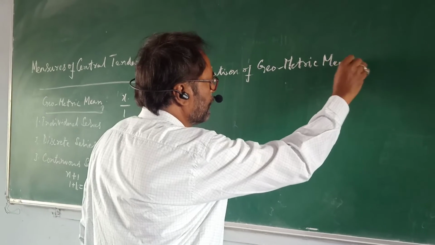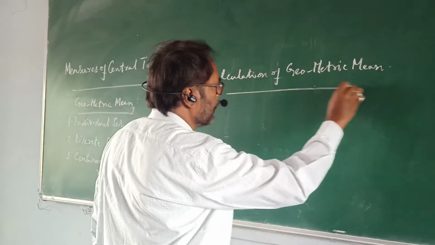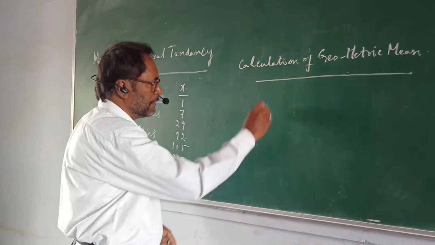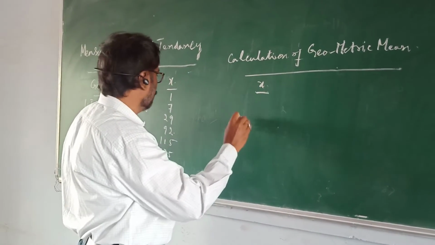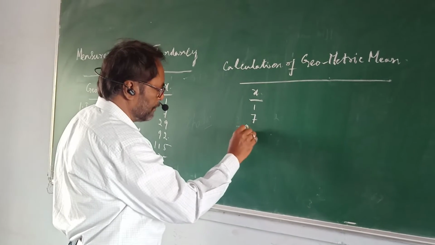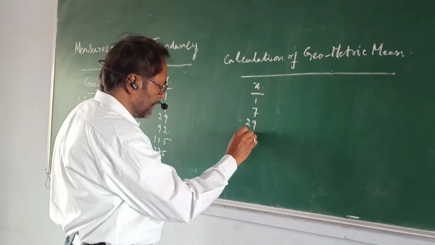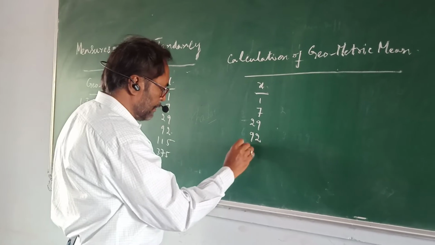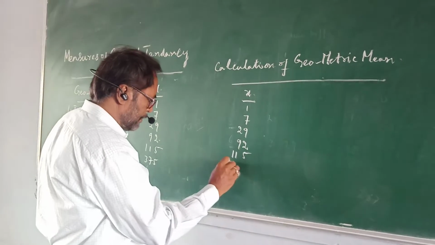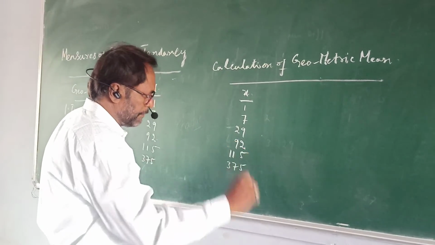Then you have to write down the x values. X values are 1, 7, 29, 92, 115, 375.